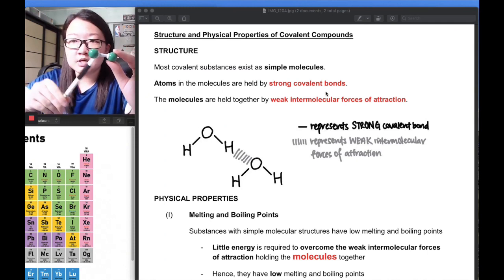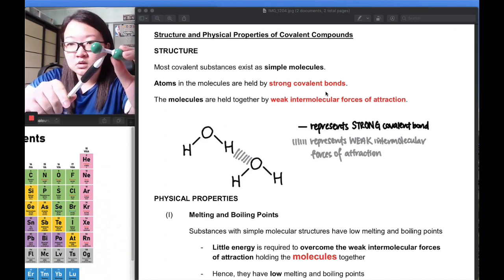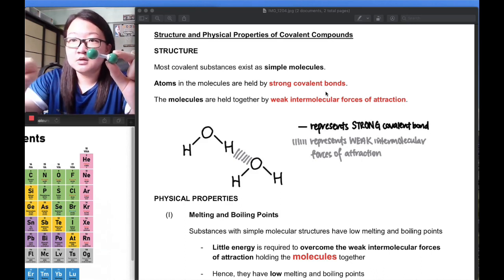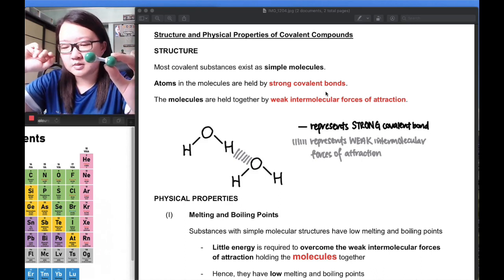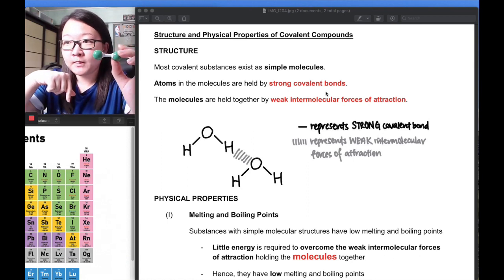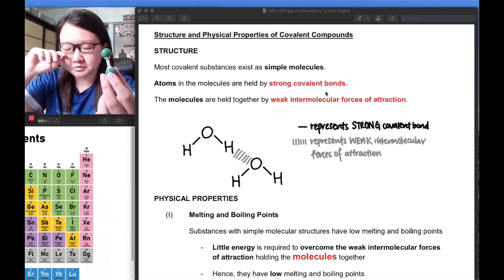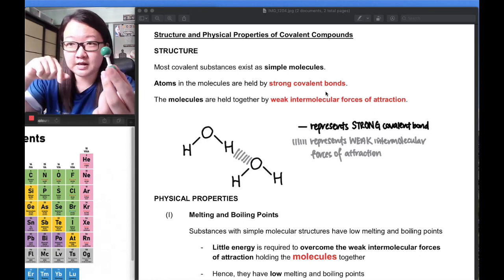This grey stick over here represents the strong covalent bonds. Again, this is very important, so I'm just going to recap. Why do we say that covalent bonds are very strong? Because if you look at this model that I'm holding, if I were to want to break this bond, I will have to do this.